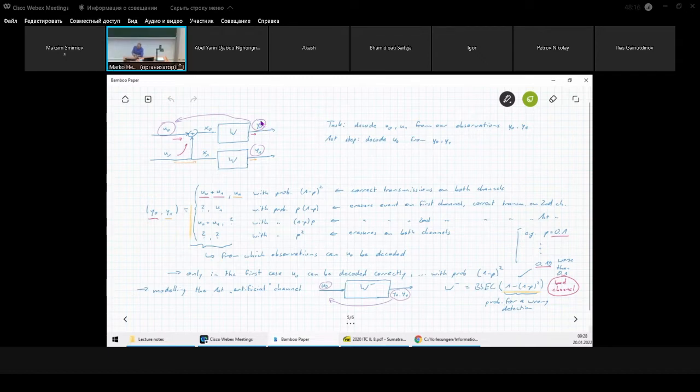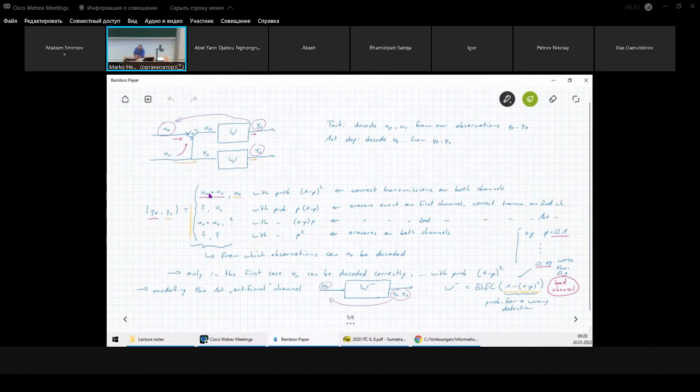Okay. Then we started with the first task. We want to decode bit u0 from our observations y0 and y1. This is why I wrote down the combination y0 and y1. So what values can occur here for y0 and y1?